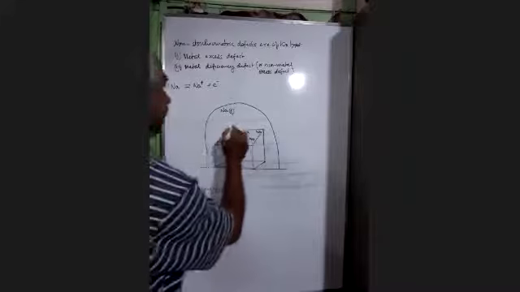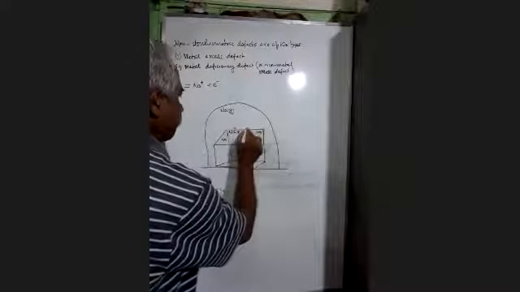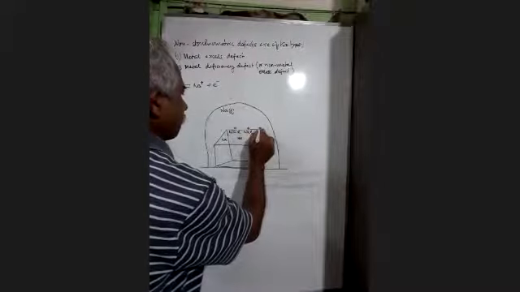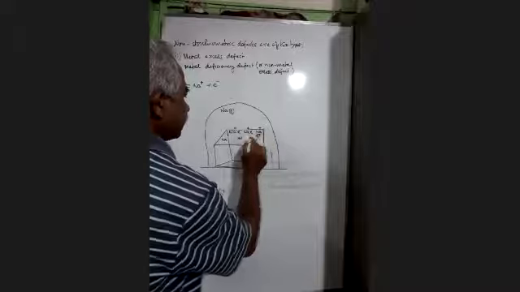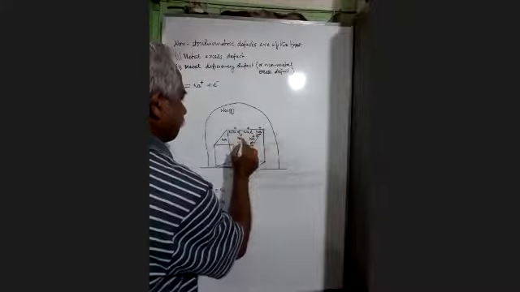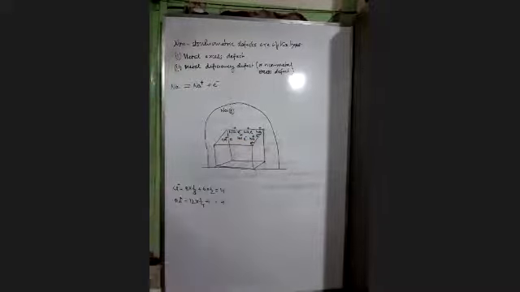So now what will happen? This is the way it will lose the electron on the surface.